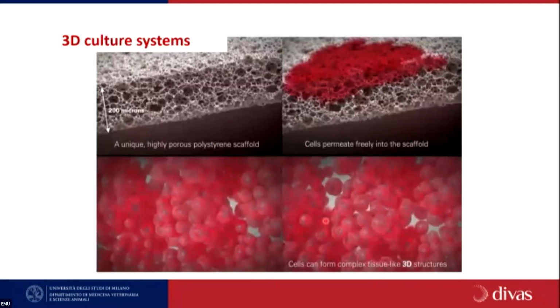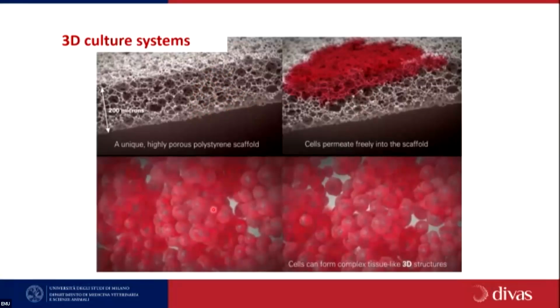A nice way to approach the problem is to use 3D culture systems. With the use of scaffolds, for instance, as you can see in these shots, if we use a polystyrene thick scaffold, we allow cells to penetrate.